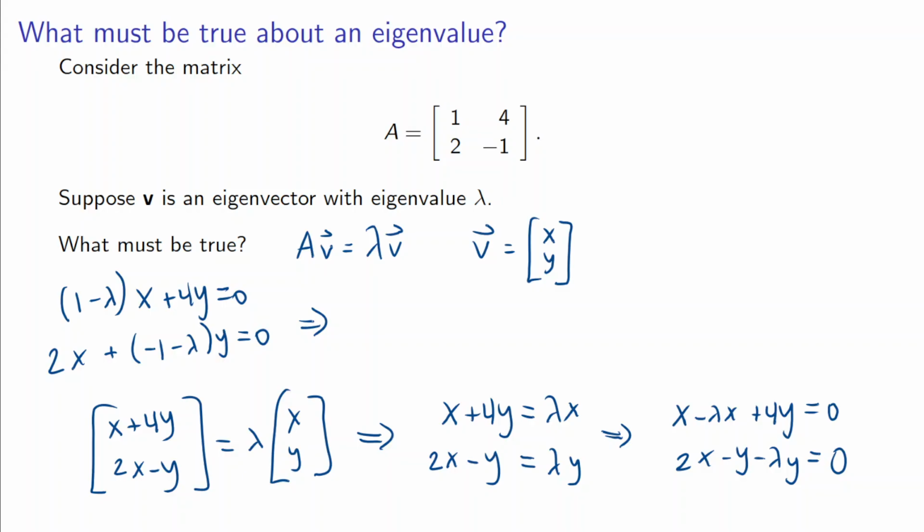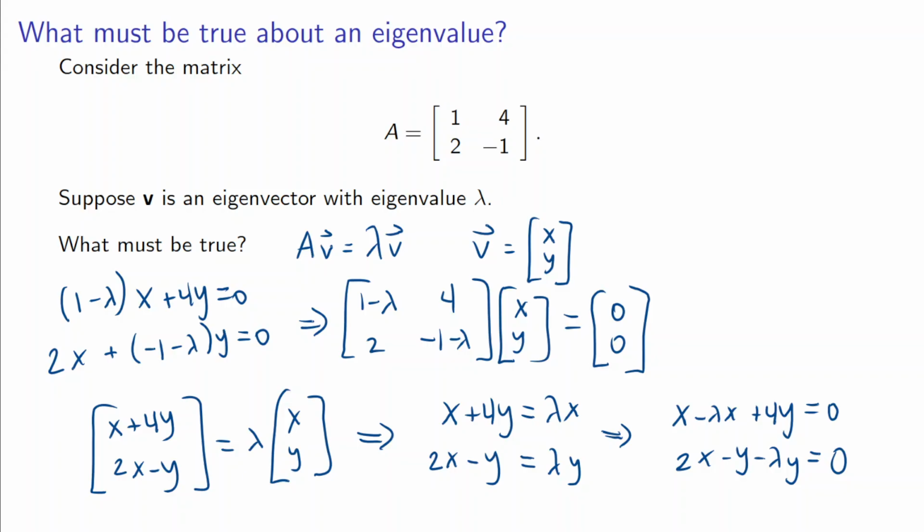Well, it tells us that (x, y), this vector v, would be a solution to the matrix equation where I've got the coefficient matrix [1 minus lambda, 4; 2, minus 1 minus lambda] times our vector v equals the 0 vector.